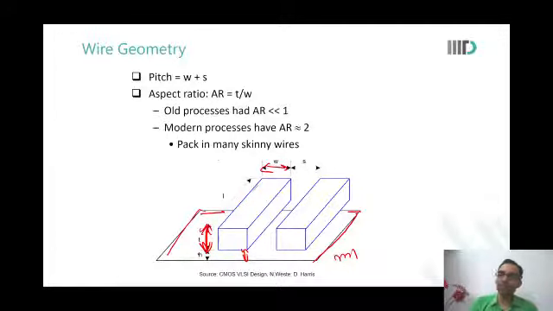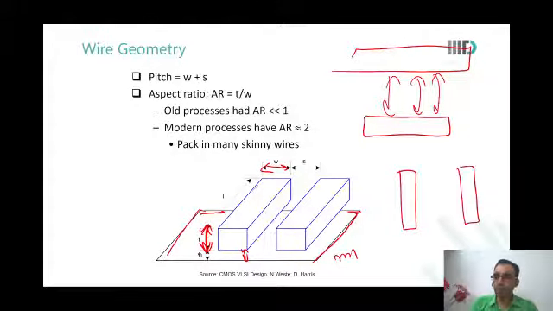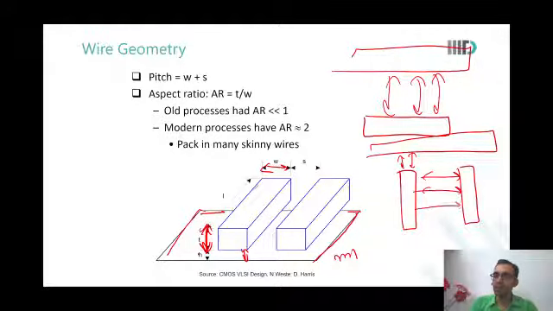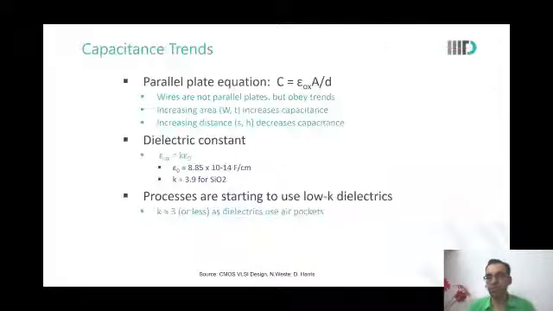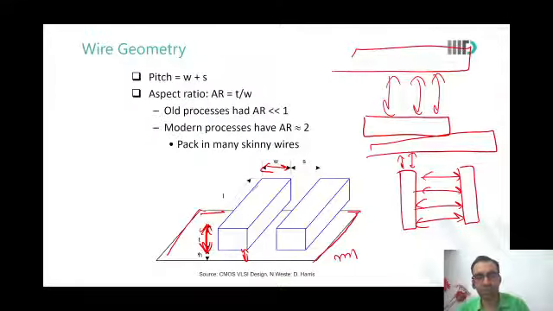In old processes, wires were like this, so intermetal capacitances played a big role because of lines of forces. But in today's advanced technologies, wires are like this. So even if there is a metal layer running above it, there are few lines of forces between them, but there are more lines of forces in the intrametal region. Are you able to see this?